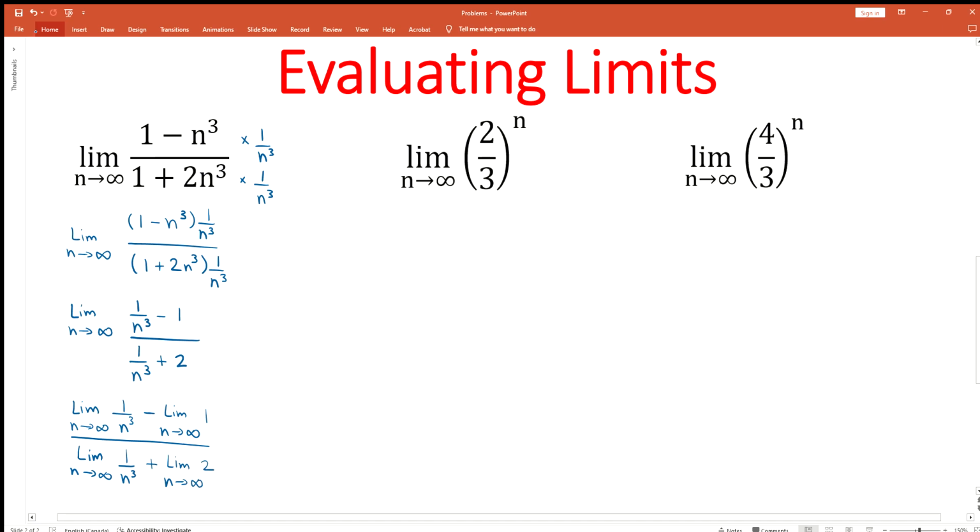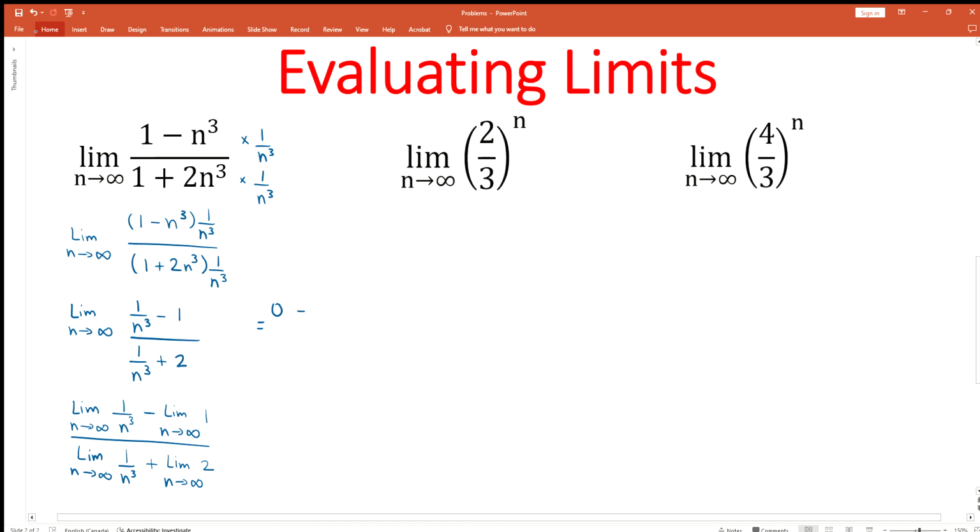Now we can evaluate the limits. In the numerator, limit n approaches infinity for 1 over n cube is equal to 0, because as n approaches infinity, 1 over n cube approaches 0.